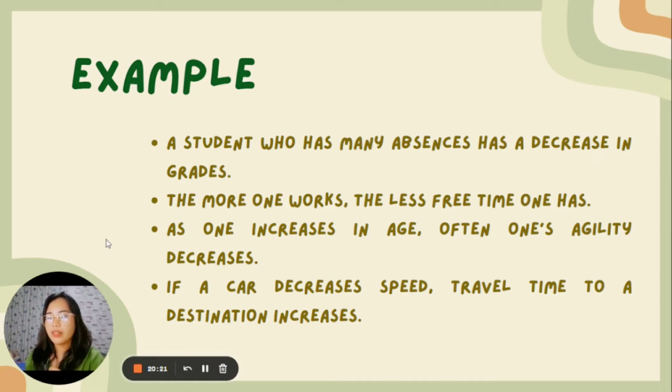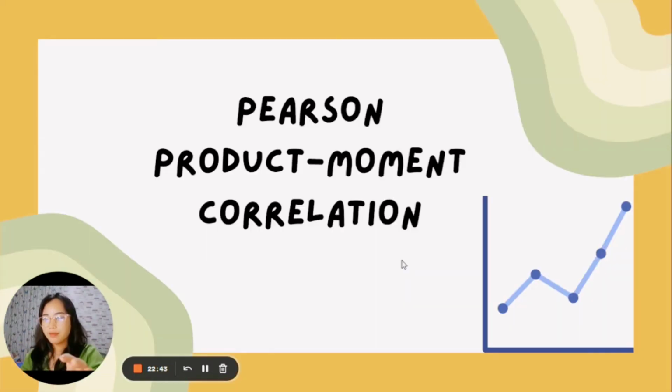As one increases in age, often one's agility decreases. If a car decreases speed, travel time to a destination increases. So that is the example of perfect negative correlation, where these variables are completely opposite each other.